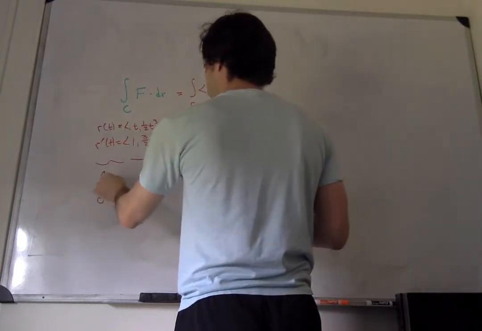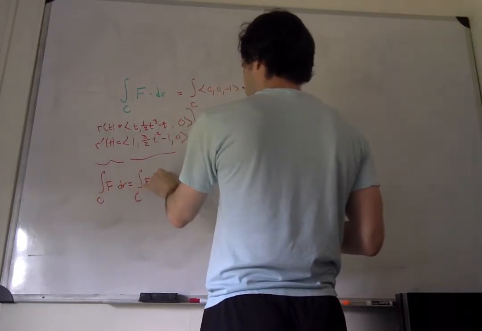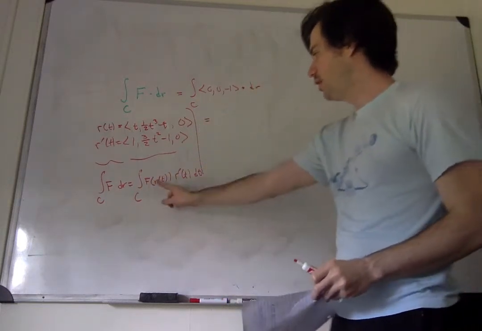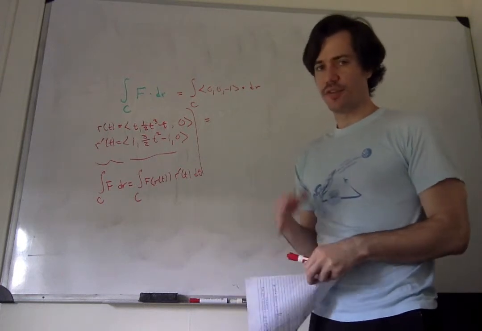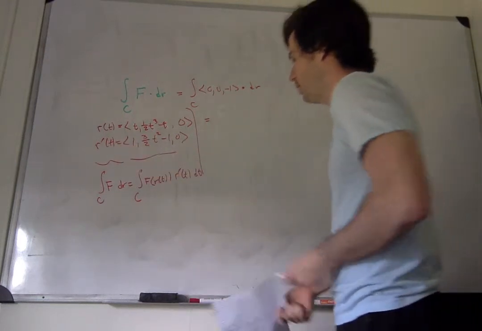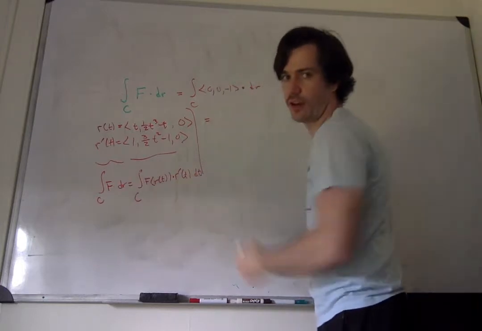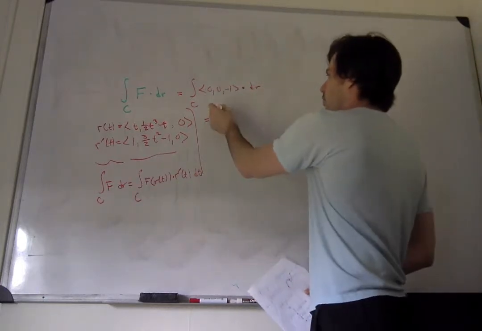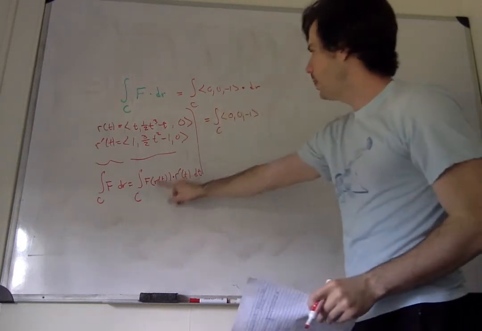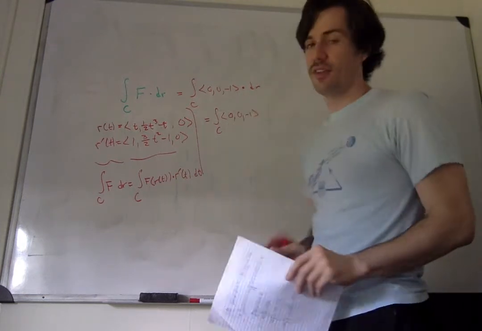Well, this is the integral of F(r(t)) dot r prime(t) dt. So r(t) is our parameterization for the curve C, and we have the derivative, r prime(t). Don't forget your dot product, right? So you had a dot here before, now you're transferring it to those vectors. Okay, so that means that I'm going to go ahead and rewrite that 0, 0, minus 1, because notice that is a constant.